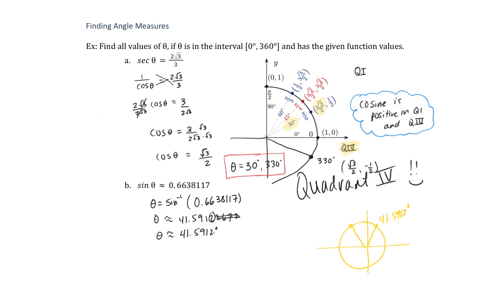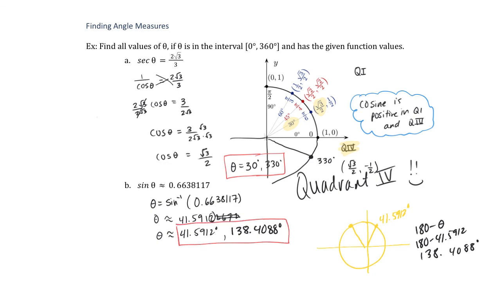So in quadrant 2, we find that second angle by taking 180 minus our angle, so it'd be 180 minus 41.5912, and so our second angle is 138.4088 in quadrant 2. And there you have it.